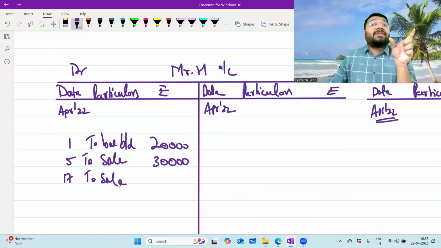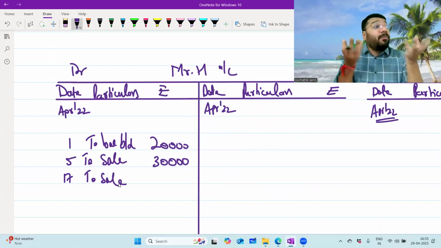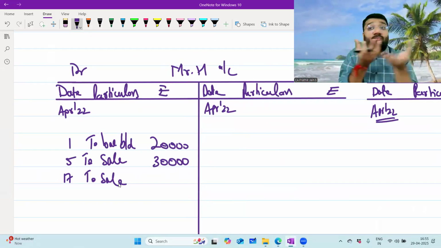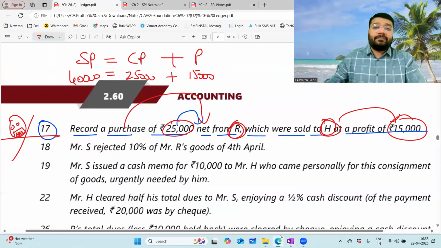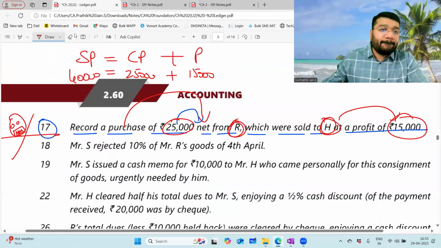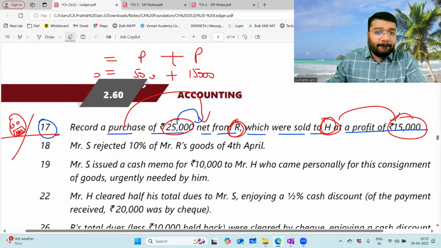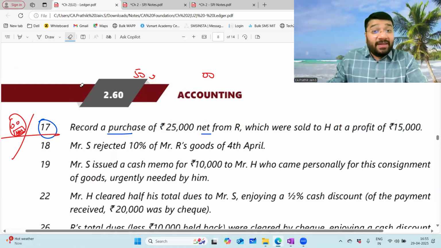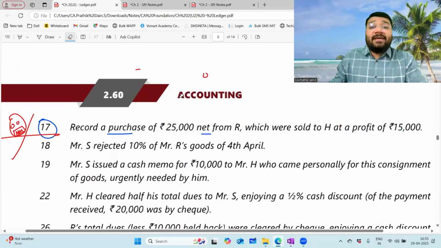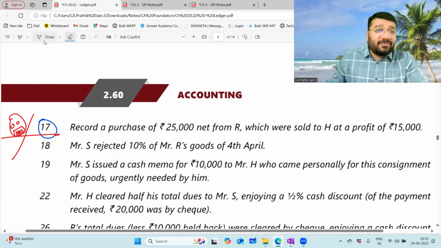You record the selling value. Selling value will comprise of two values, cost and profit both put together. 25,000 and 15,000 both put together, which is 40,000. So far done? Easy? Should say very easy. Very good.